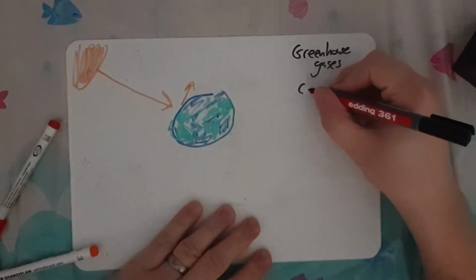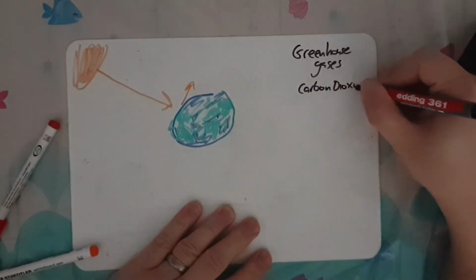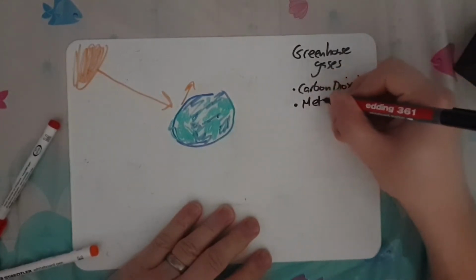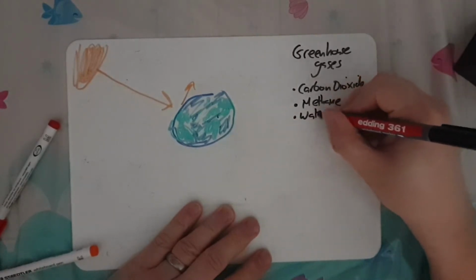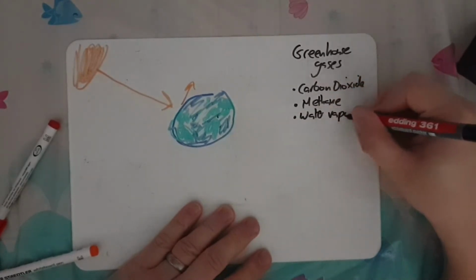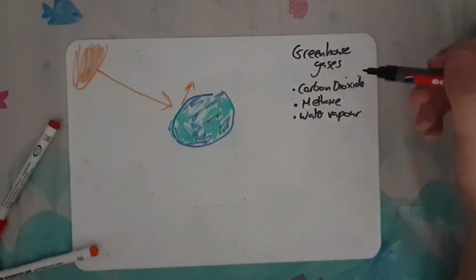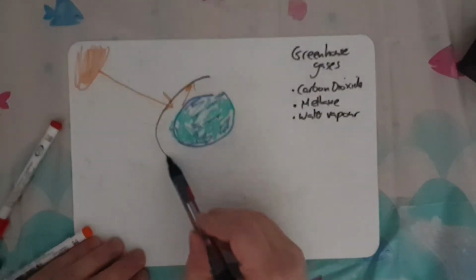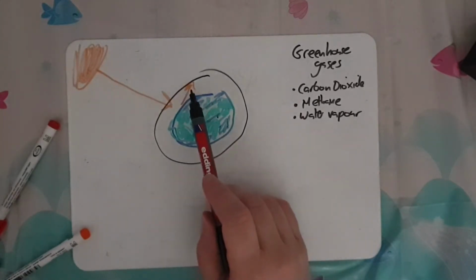So you need to know carbon dioxide, methane, and water vapour. So you need to know that those three are greenhouse gases. And they're in the atmosphere, so we've got the atmosphere, which is like the blanket of gas around the planet, right? And they absorb some of this energy.